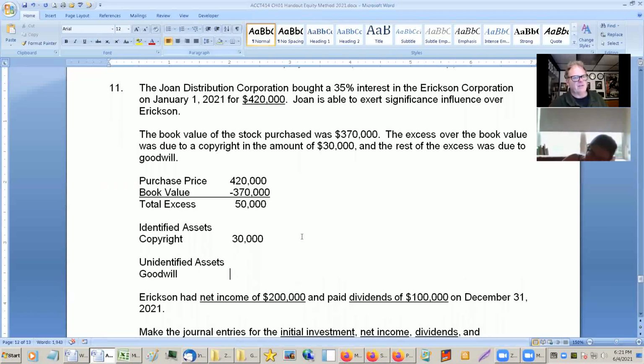So of that 50,000, the identified assets are 30,000, and the unidentified assets are going to be called goodwill, and that is for the other 20,000.